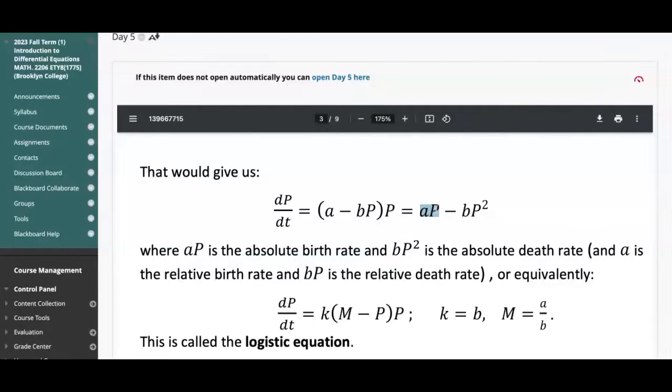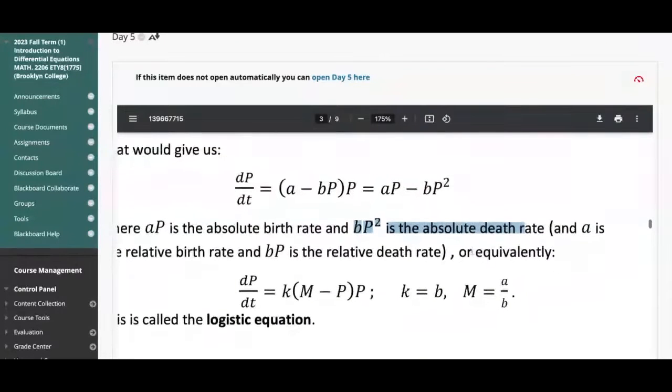If you go back to the original one, the beta of t minus delta of t. So this is beta of t, this is delta of t. That's why here it says aP is the absolute birth rate, bP squared is the absolute death rate.